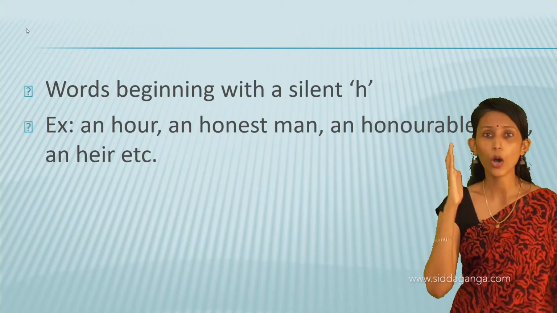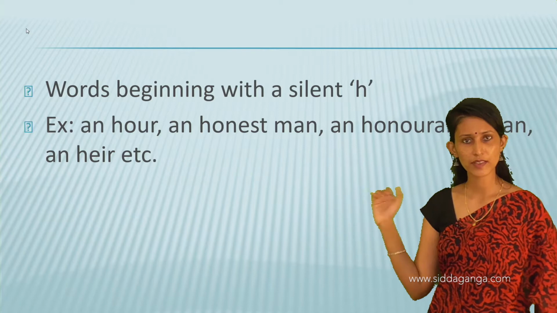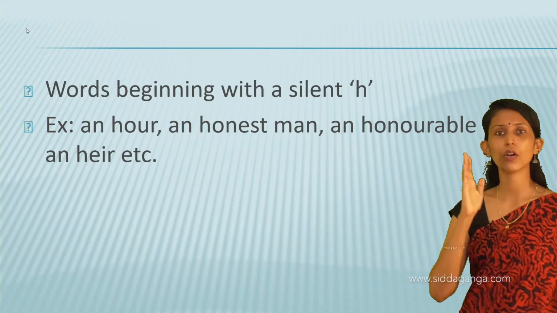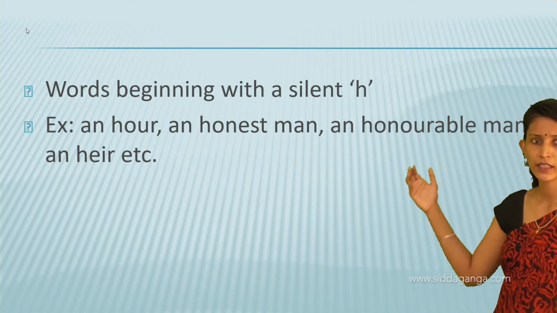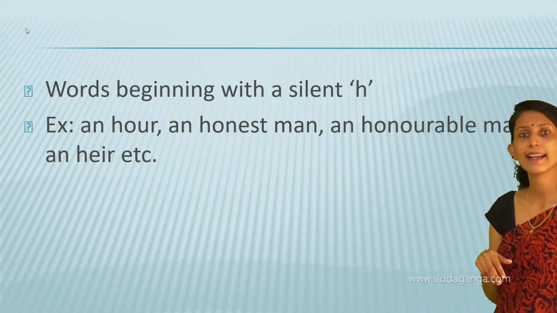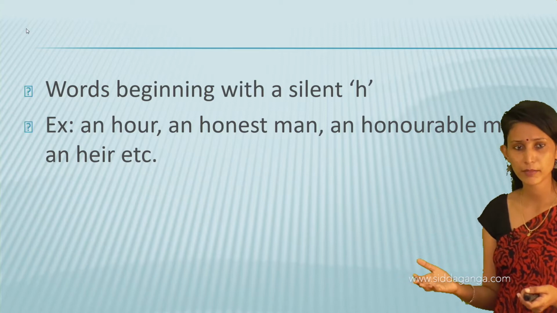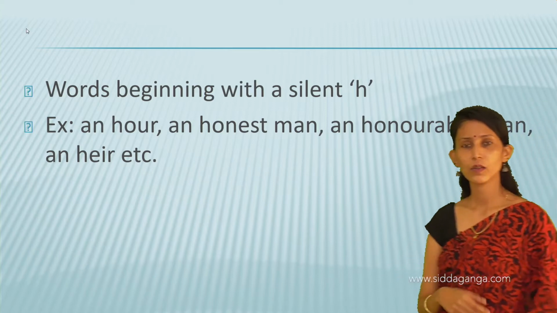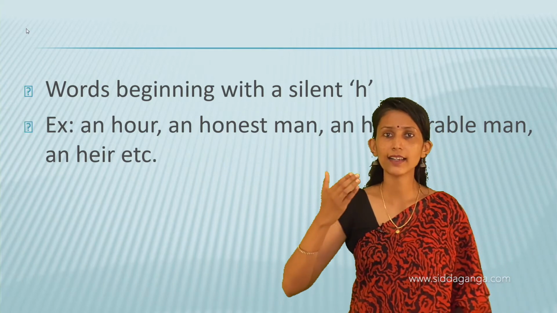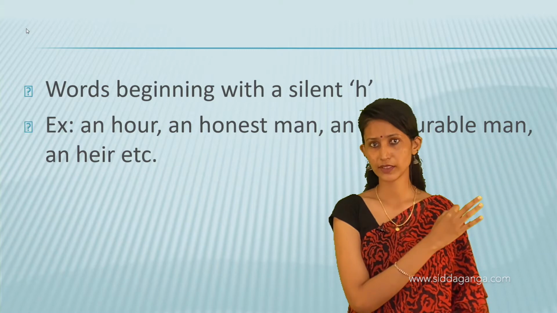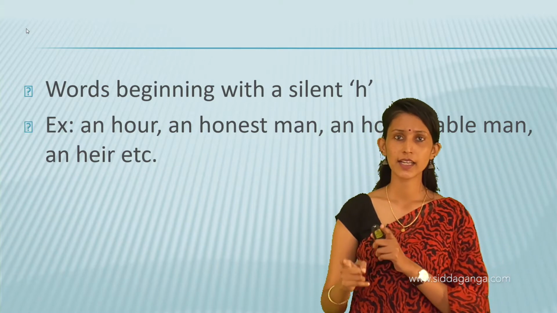The sound of O comes, not ho. Okay? So H is termed to be silent here. That is why you take the sound of O and that forms into the vowels. Alright? So see the examples here: an hour, an honest man, an honorable man, and heir. Okay? These are three important aspects that you must keep: two in a and one in an.